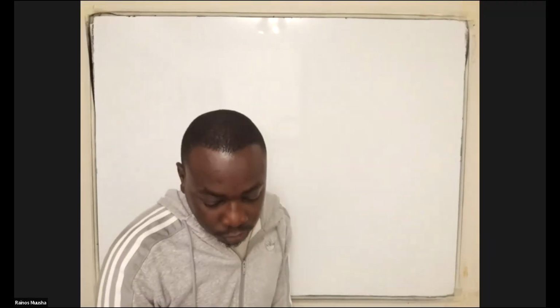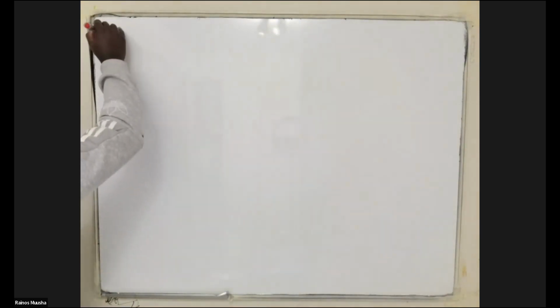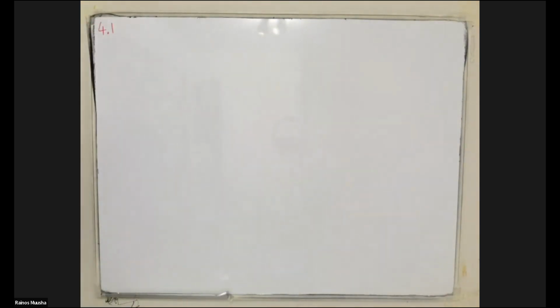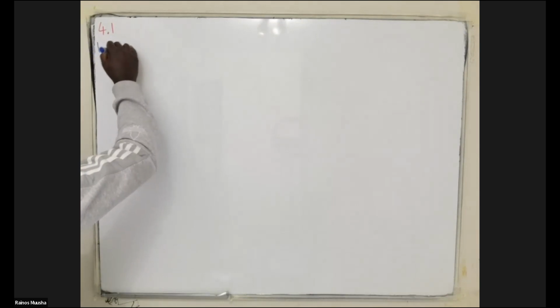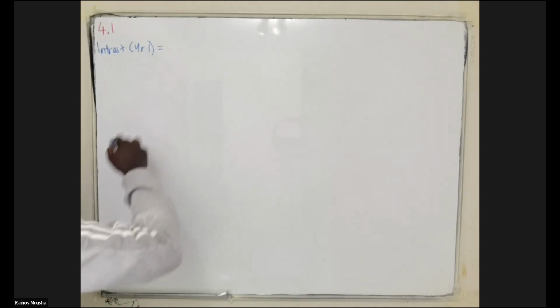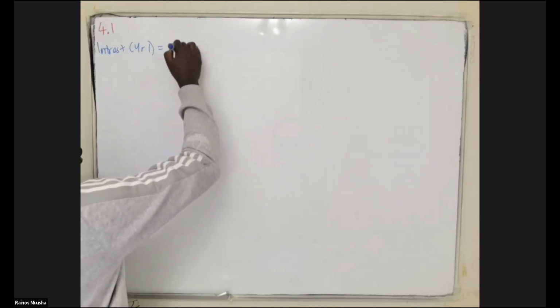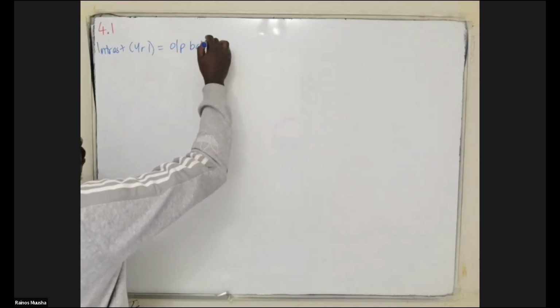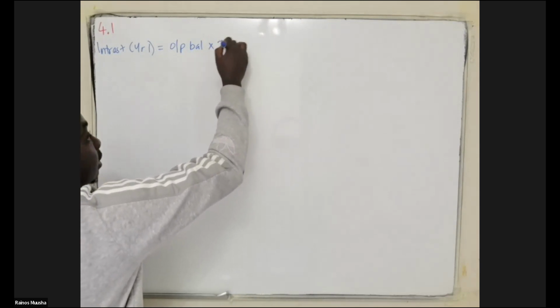So in this case, to get the interest for year 1, we're going to say the interest for year 1 is given as the opening balance multiplied by the interest rate.